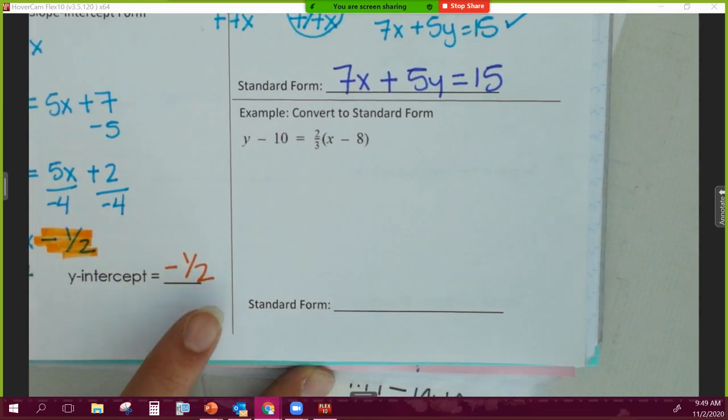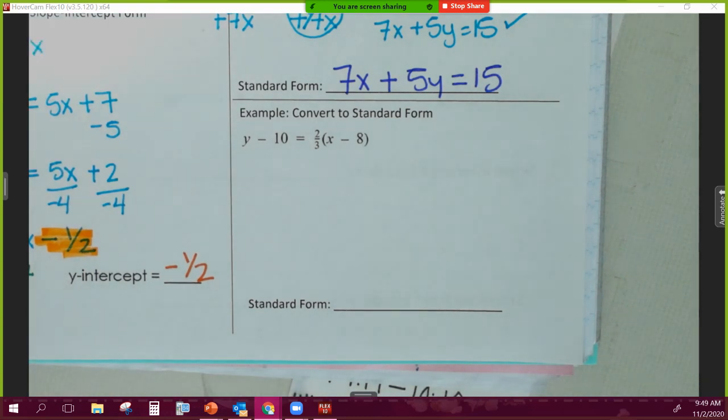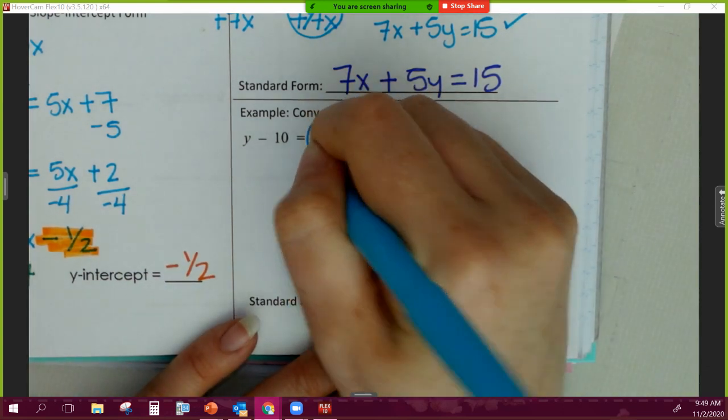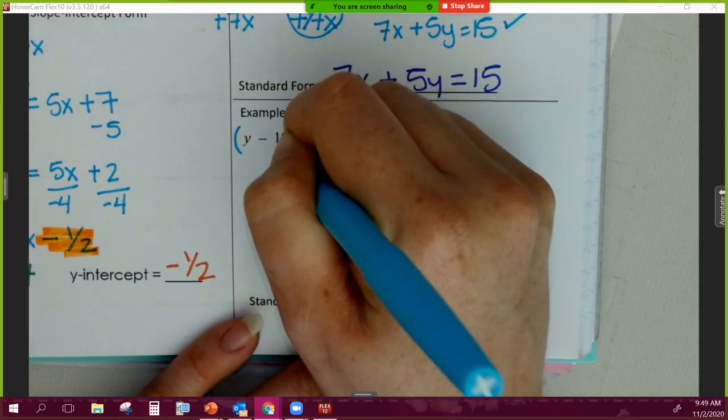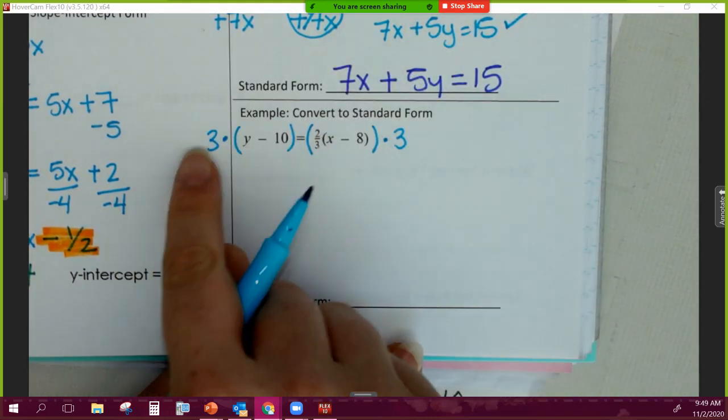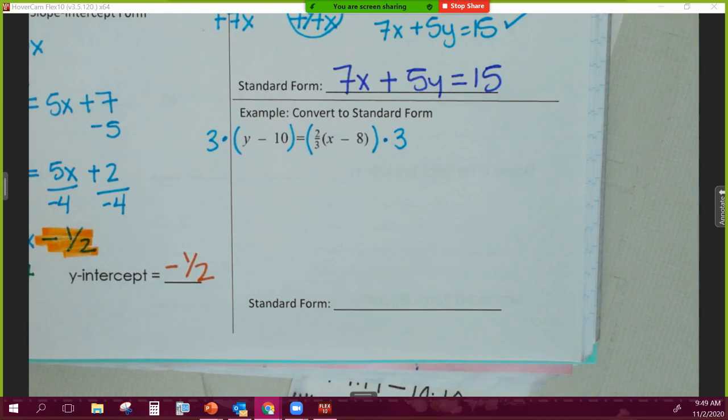Okay, last one. Step 1, get rid of your fractions. How am I going to get rid of that 2/3? Multiply everything by 3. Everything on this side gets multiplied by 3, and everything on that side gets multiplied by 3.